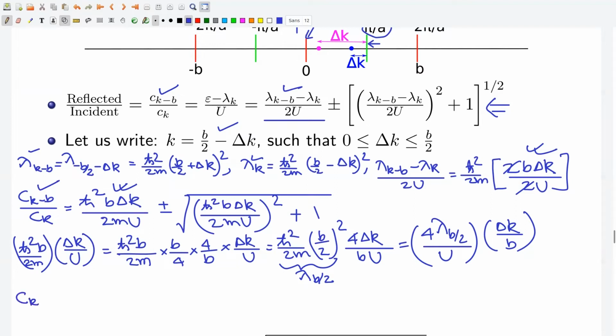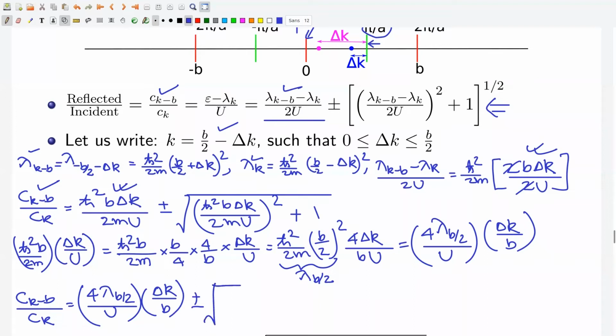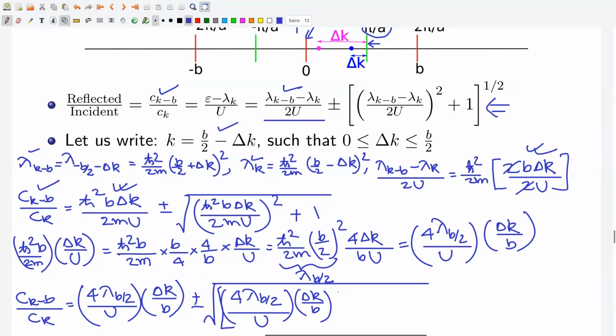So that is Ck minus b divided by Ck is equal to 4 lambda b by 2 divided by U times delta K by b plus minus square root of (4 lambda b by 2 divided by U times delta K by b) whole square plus 1.